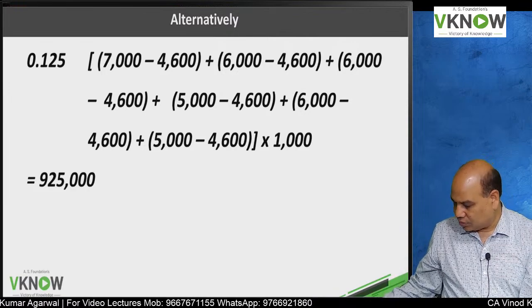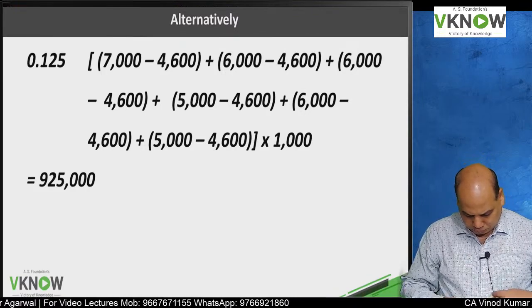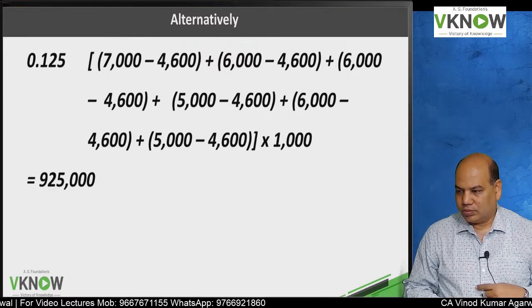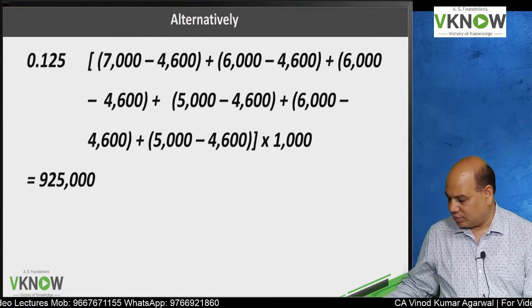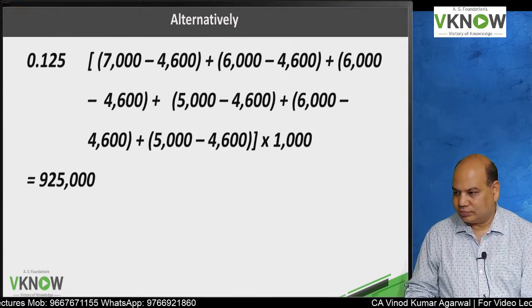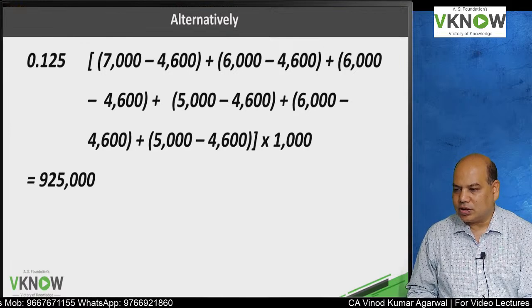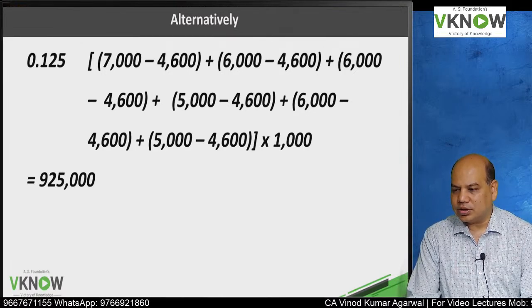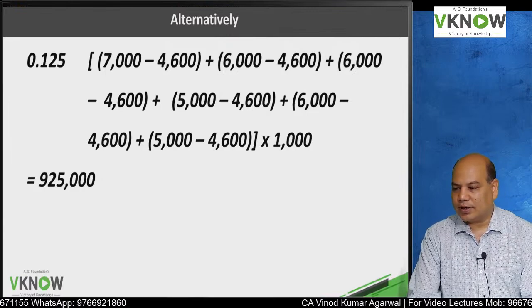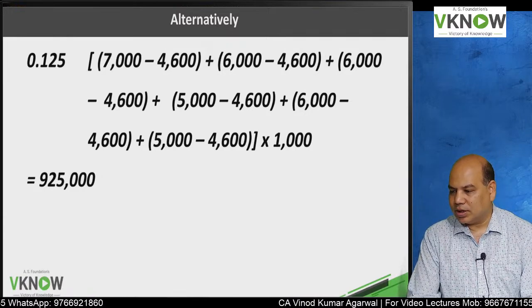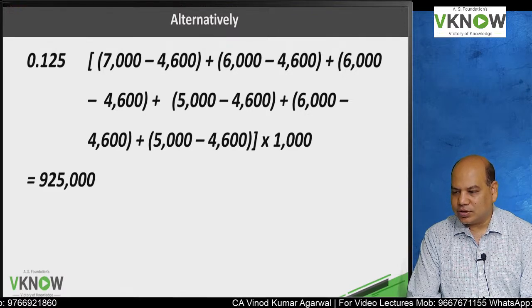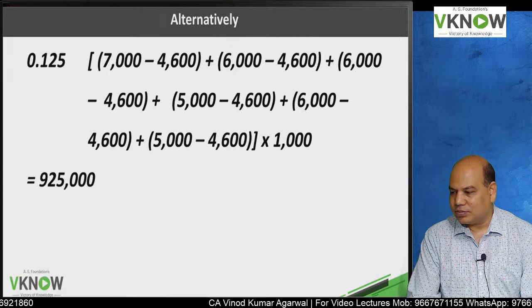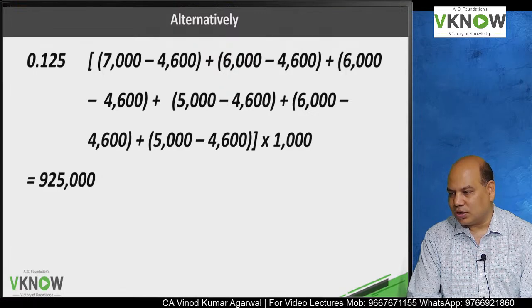6,000 minus 4,600 extraction cost, plus again 6,000 minus 4,600 extraction cost, plus 5,000 minus 4,600 plus 6,000 minus 4,600 plus 5,000 minus 4,600, bracket close, into 1000 quantity.